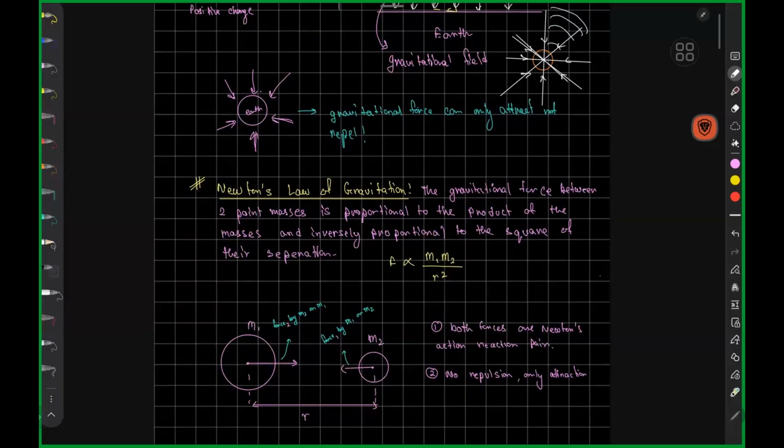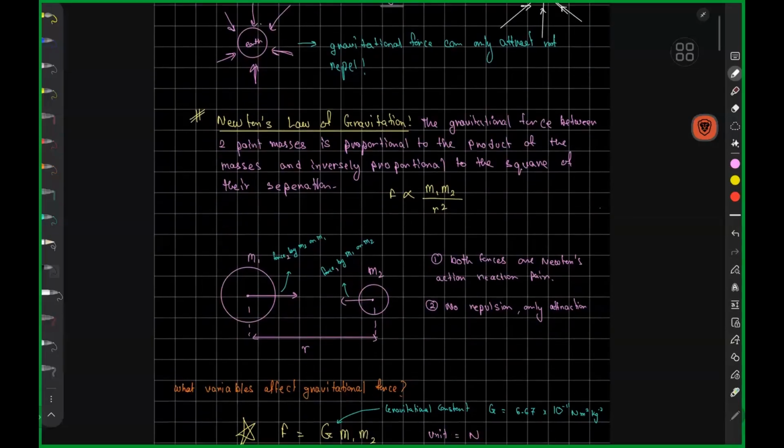So now, the law of gravitation. This formula you absolutely need to know. The law of gravitation tells you the gravitational force between two point masses is proportional to the product of the masses and inversely proportional to the square of their separation.